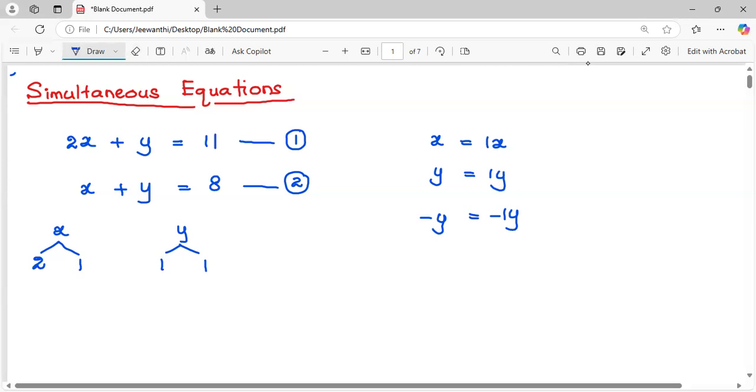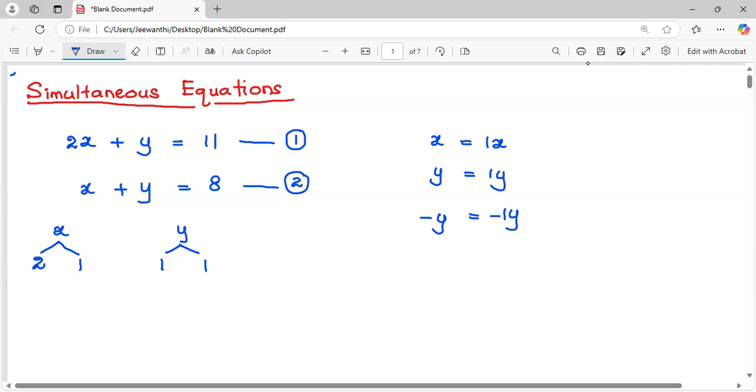So easily I can eliminate y here. How do I decide it? Because y has the same coefficient value, right? And you want to understand that sometimes it might be a positive one and a negative one. That is also fine. We are looking at the number, not the sign. We do look at the sign, but not at this moment. First, we just look at the coefficient, that is the number in front of the variable.